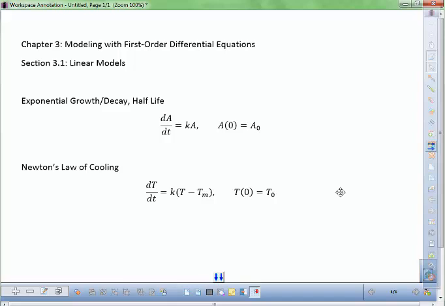So my plan today was just to take a look at some of the homework problems in chapter 3 and see if we can tackle a couple of them and give you a head start on your homework. So let's do that.